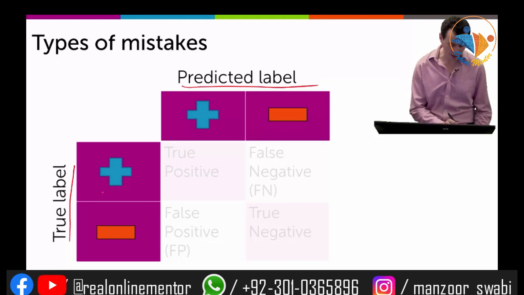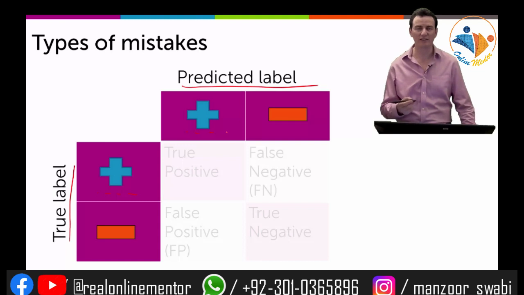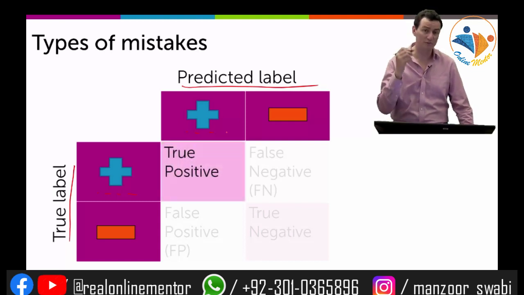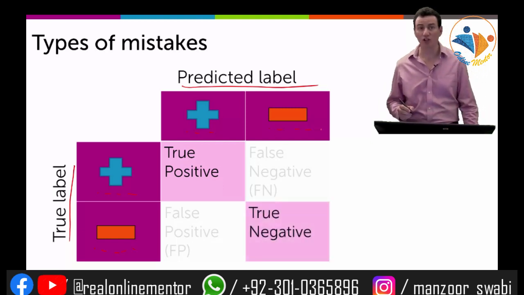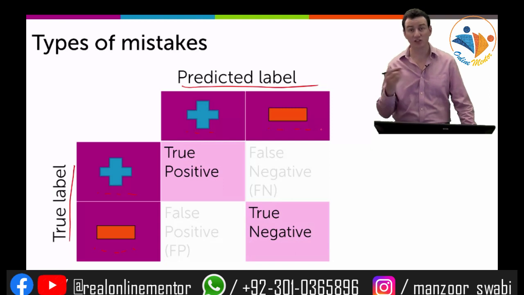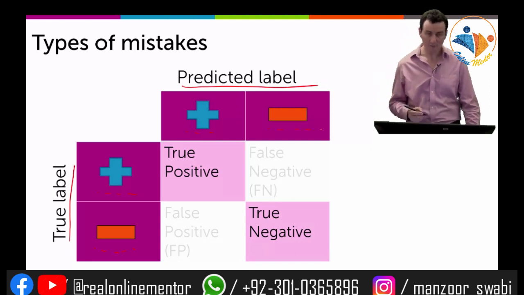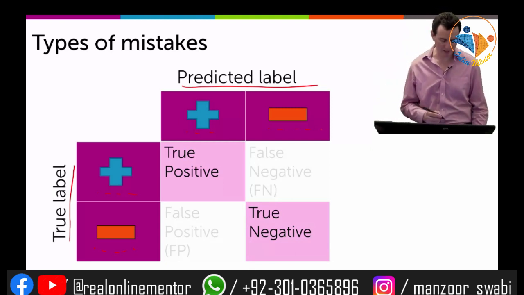So let's say that if the true label is positive and we predict a positive value for that sentence, we call that a true positive because we got it right. Similarly, if the true label is negative and we predict that negative, we call that a true negative. That's good because we got that right. Now there's 2 kinds of mistakes that I can make.